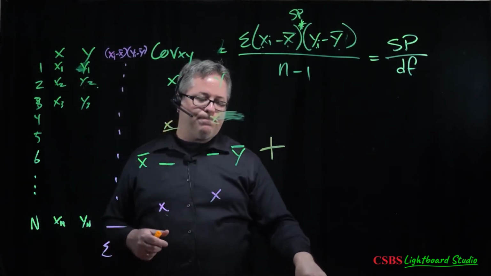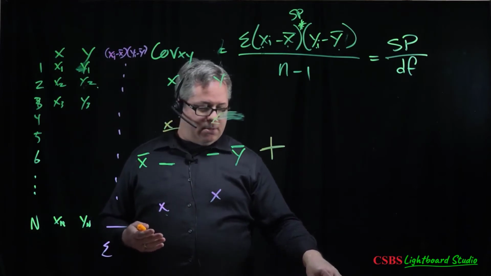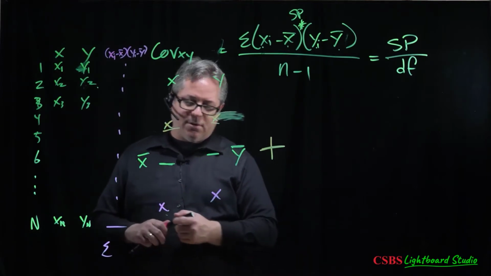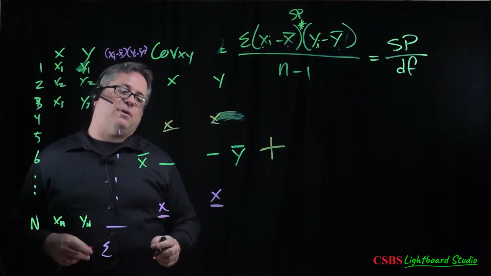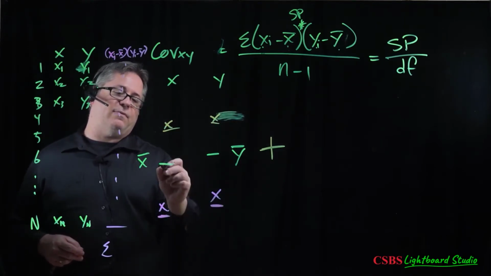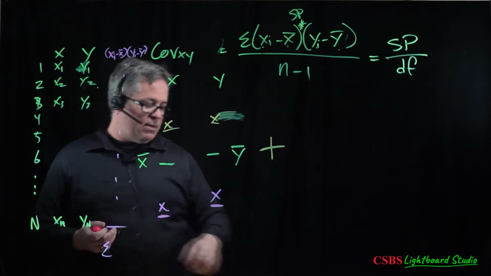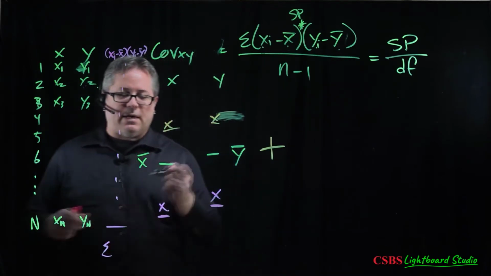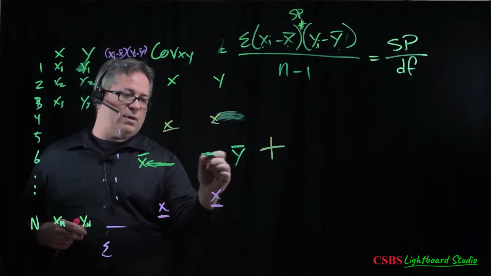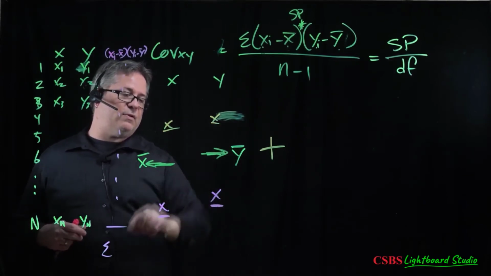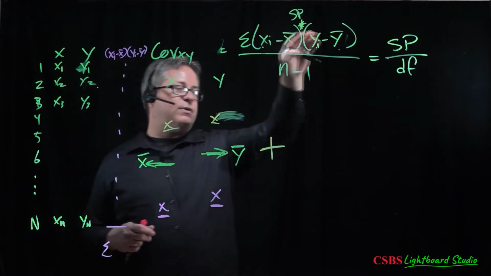With me so far? Are you sure? Ask questions now. If something's not clear. All right, so if this is the mean on x here, represented by this, right? This is the mean on y there. So as long as they're both on the same side, I'm going to get a positive contribution.